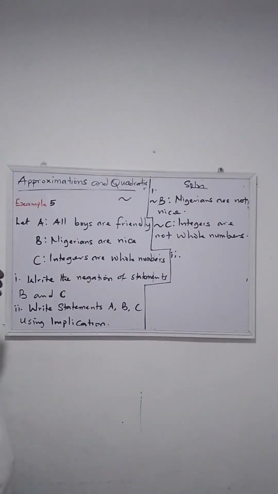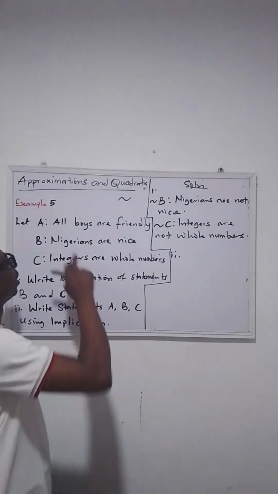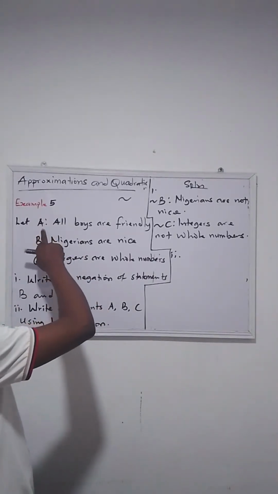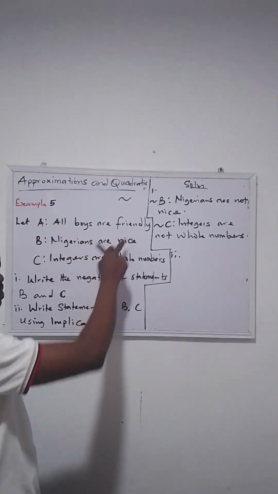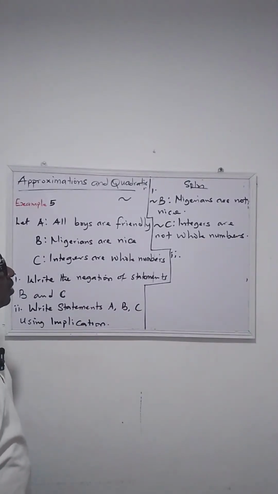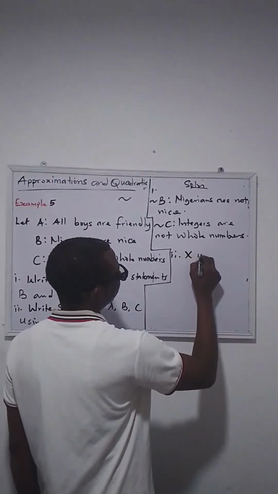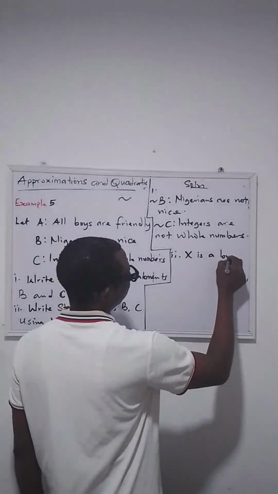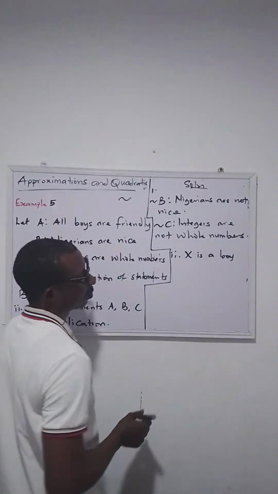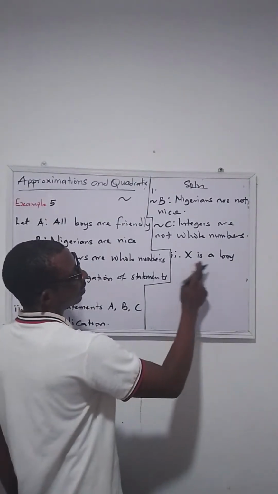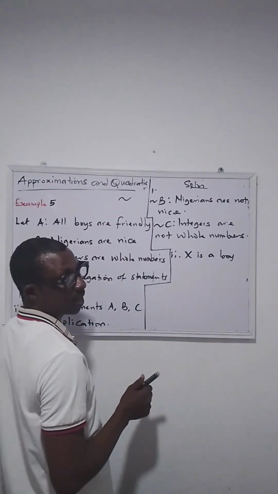Let's look at the first statement. Statement A, all boys are friendly. I will start by saying X is a boy. So if X is a boy, what does it imply?